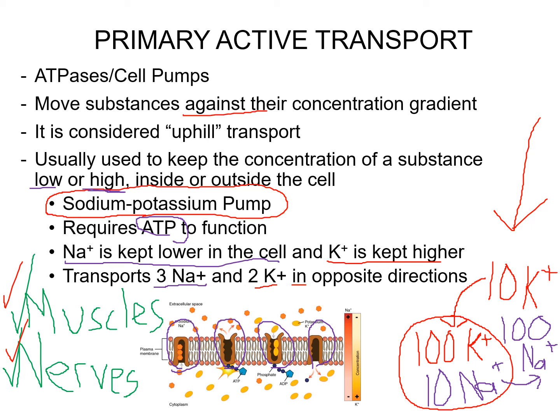If my brain wants to use my fingers to type something or text something, if my brain wants to move my feet and my knees and my hips to walk, yes, then what we do is we shut this whole process down. We shut the sodium-potassium pump down and we let the potassium go crazy, flood out of the cell, and we let the sodium go crazy and flood into the cell.